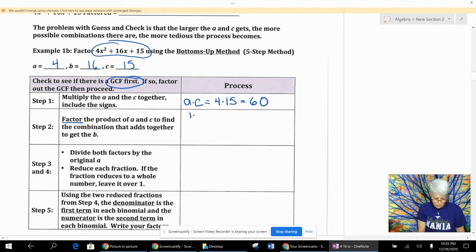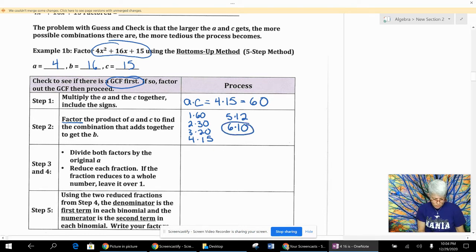So let's see, 1 times 60, 2 times 30, 3 times 20, 4 times 15, 5 times 12, 6 times 10. Okay, let's look at all of these and say, do any of these add up to b? b was 16. Oh, look, it's the last one that I wrote, 6 and 10.